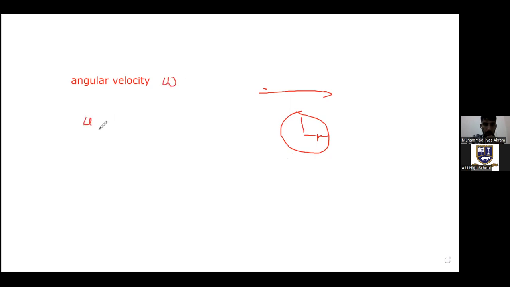It is the angular displacement or angular distance covered by the body in a time t. The rate of change of angular displacement is called angular velocity, and it is used to measure the circular velocities of different objects.